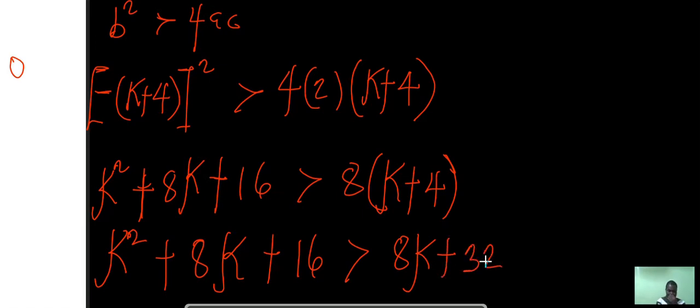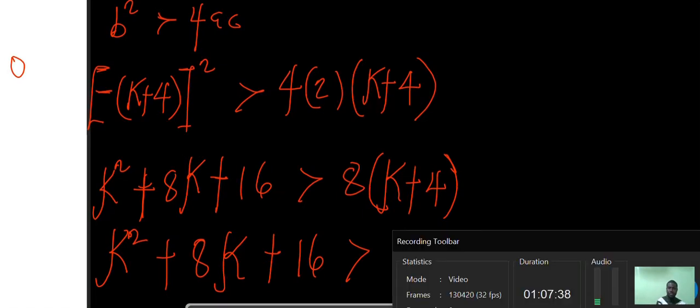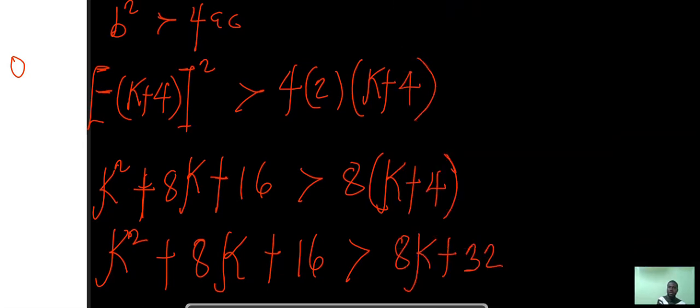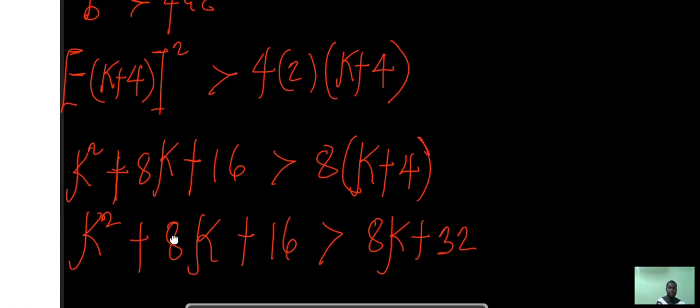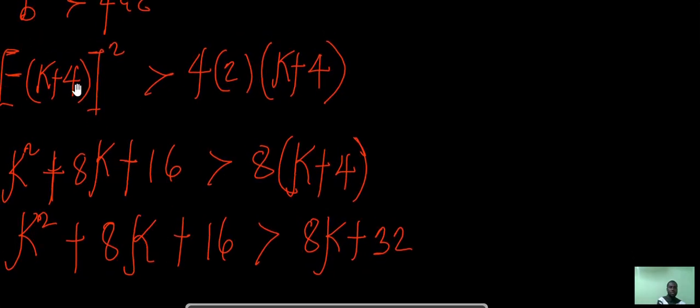I think I'm right. Coming down, I don't need you here. Remain where you are. Okay, so we have k squared. Wow, I see.